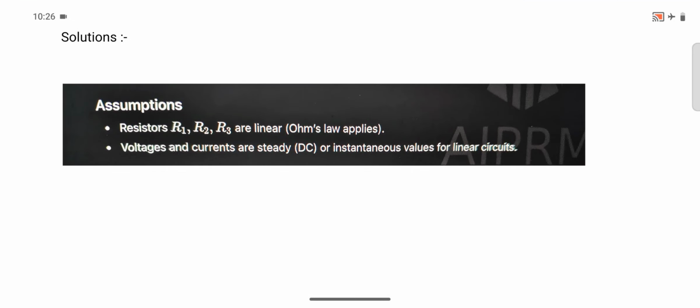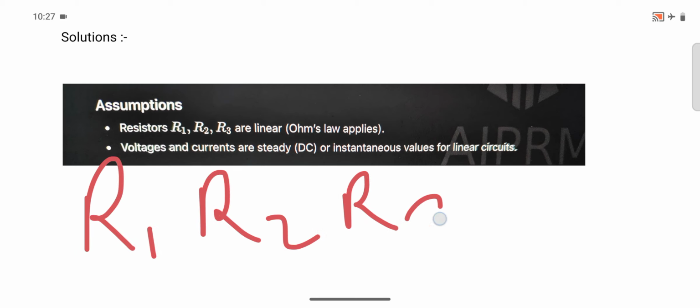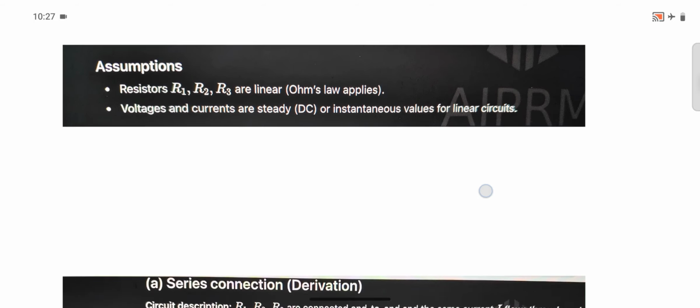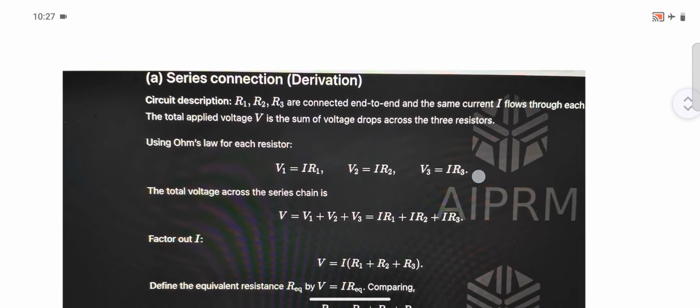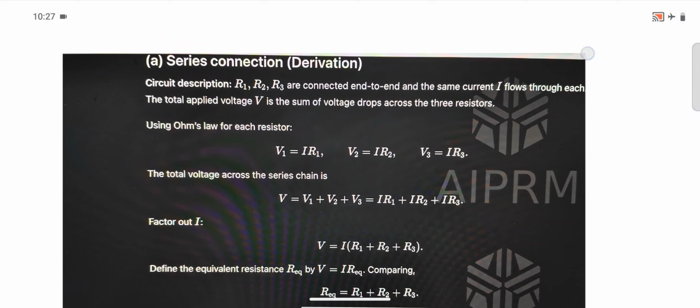First, we will assume three resistances R1, R2, R3 are connected in series. Now, voltage and current assume V and I. So, circuit diagram we can see like this.